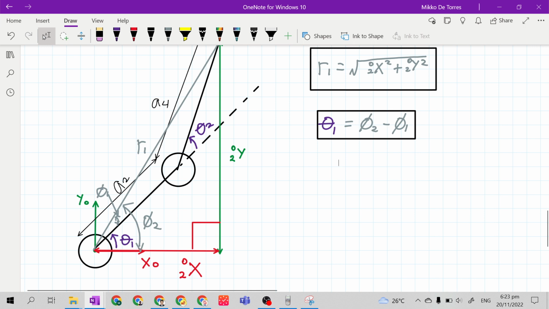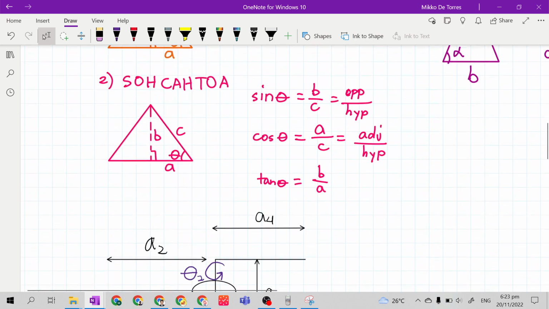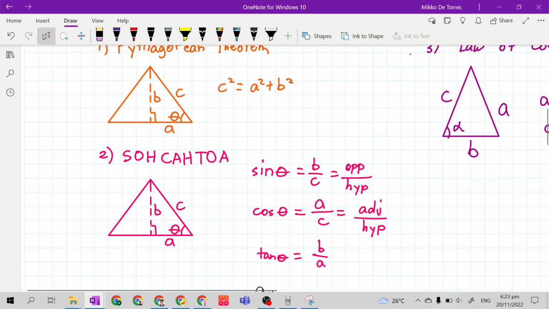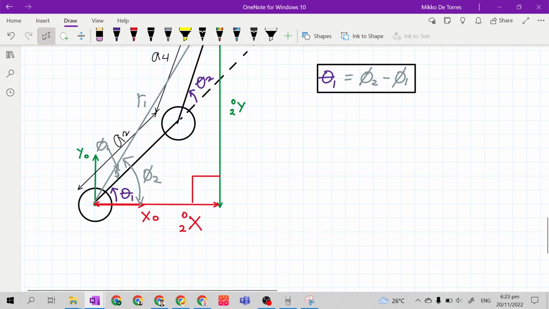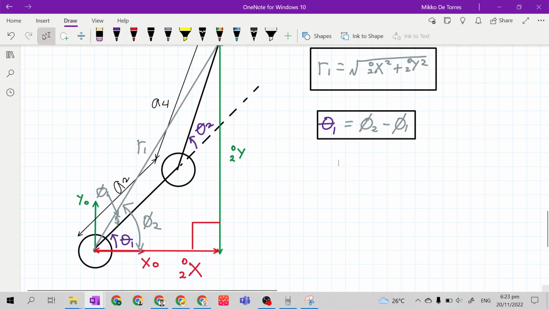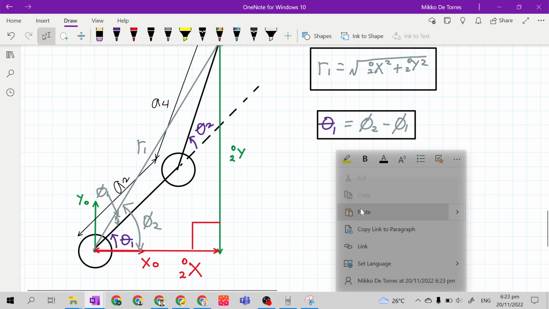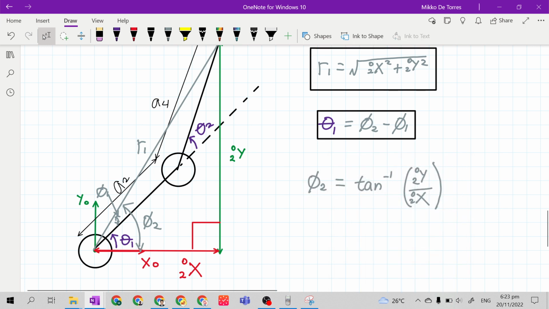We can find the value of phi 2 using SOHCAHTOA, using the tangent formula. Tangent phi is equal to opposite over adjacent. So phi 2 is equal to inverse tangent of y02 over x02.